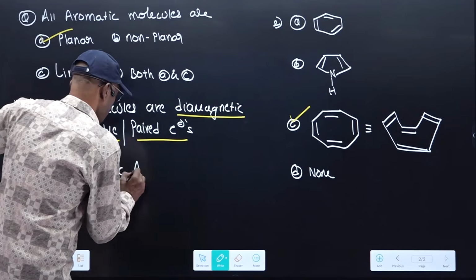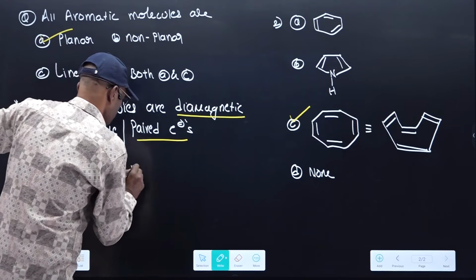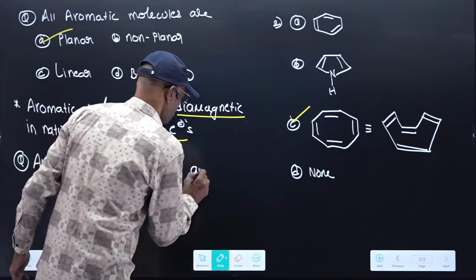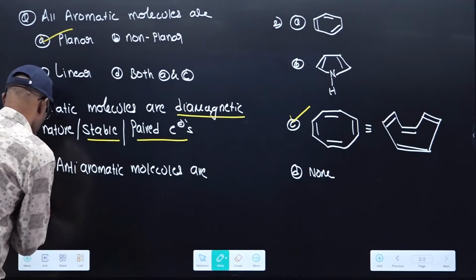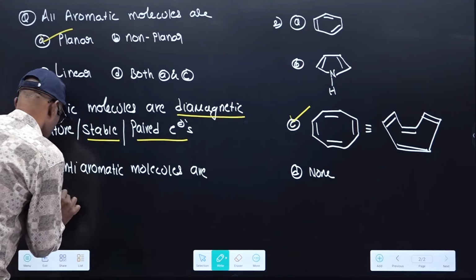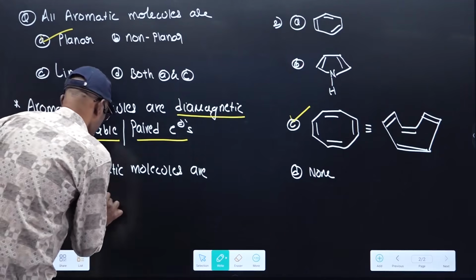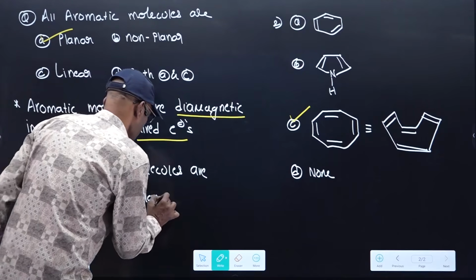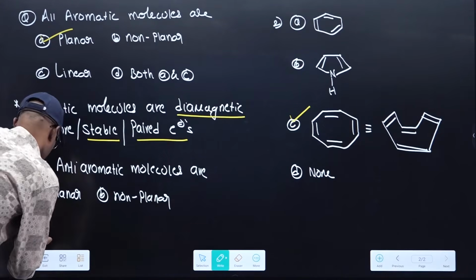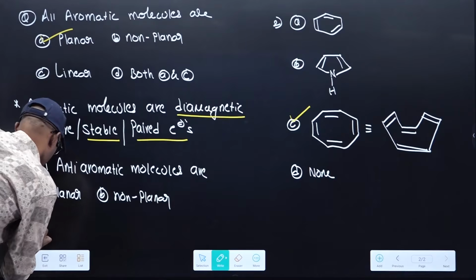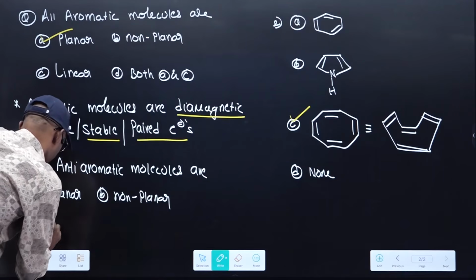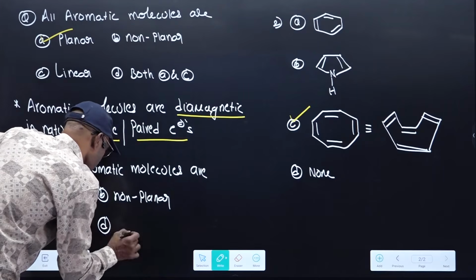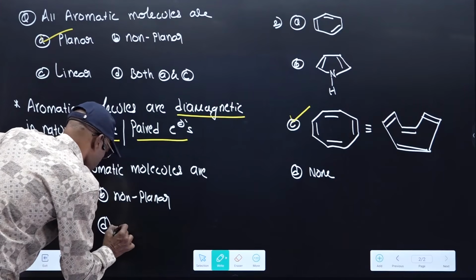All anti-aromatic molecules are planar, non-planar, C linear, same.